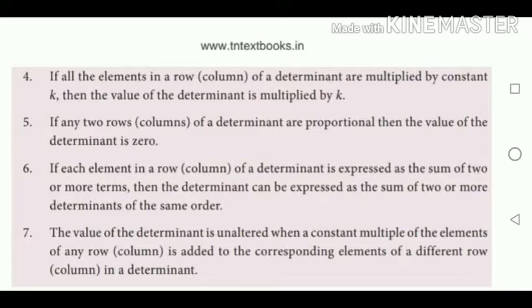If you multiply each and every element of a row by 2, then our determinant value is 52 into 2, so nearly 104 is the answer. So that is the fourth property. If all the elements in a row or a column of a determinant are multiplied by the constant k, that is one number, a constant, here 2, 3, 4, anything, then the value of the determinant is multiplied by k.